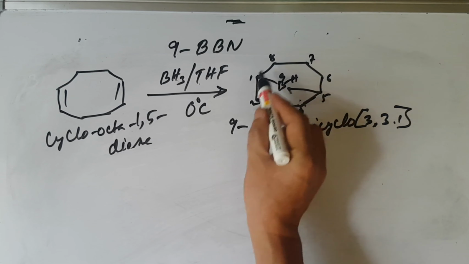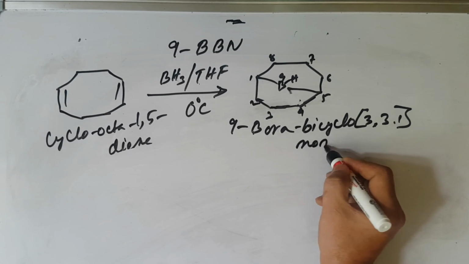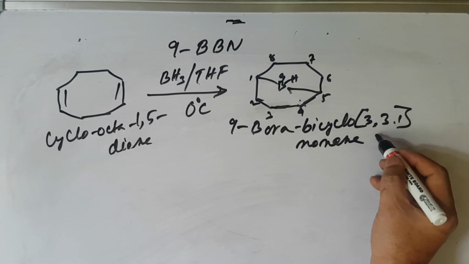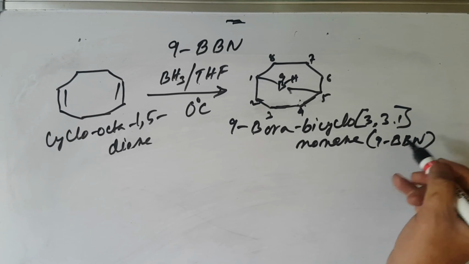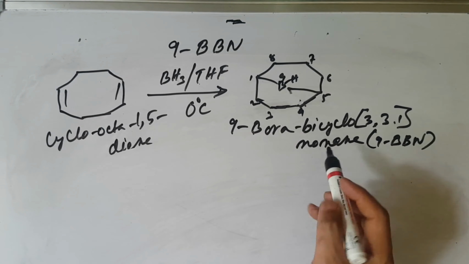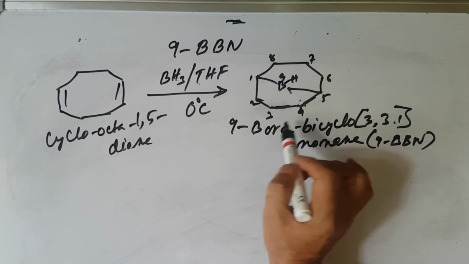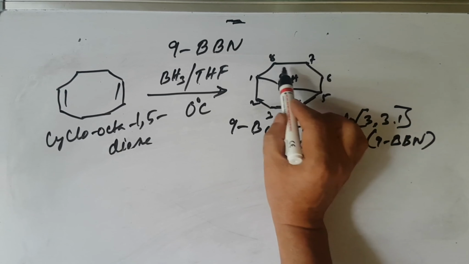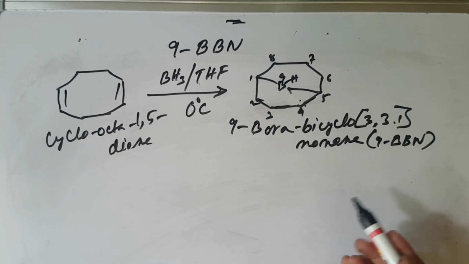Nine atoms are here. So it is called 9-borabicyclo[3.3.1]nonane. This is called 9-BBN.